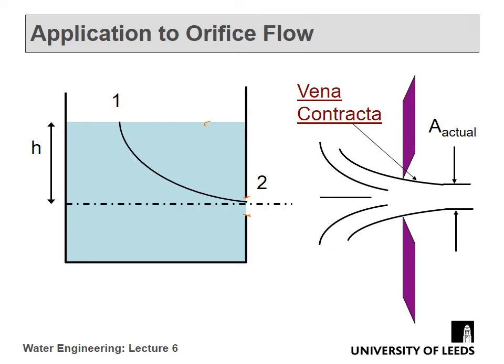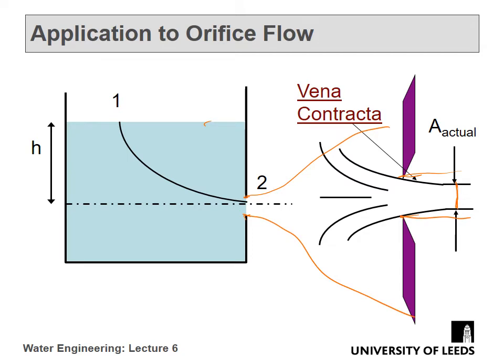First of all, let's just look at what's happening at this orifice. The flow comes in and narrows slightly, and this area is the actual area, and it's slightly smaller than the area of the orifice.